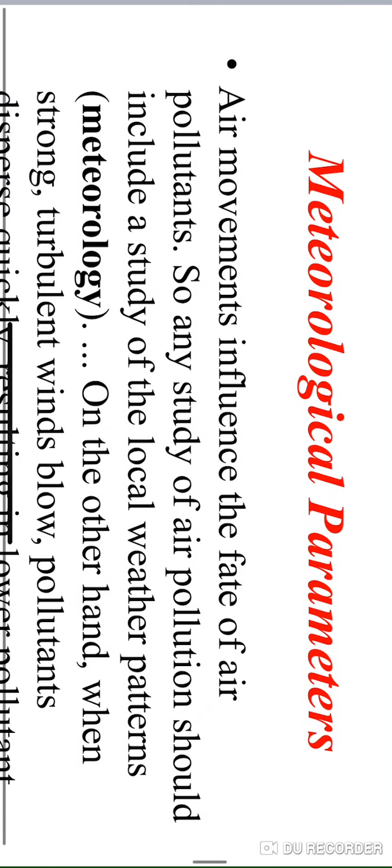For that, when air pollutants are emitted from a particular source, dispersion is a very important factor. Why is dispersion important? Suppose you take a sugarcane industry with a chimney, and air pollutants are emitted from that chimney.